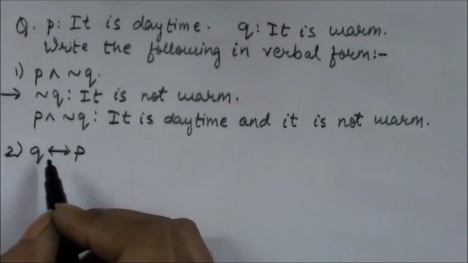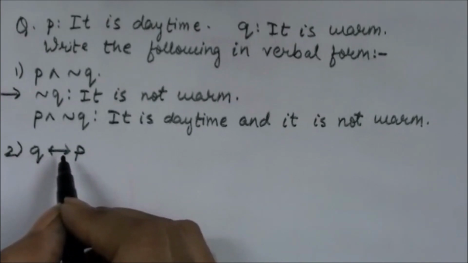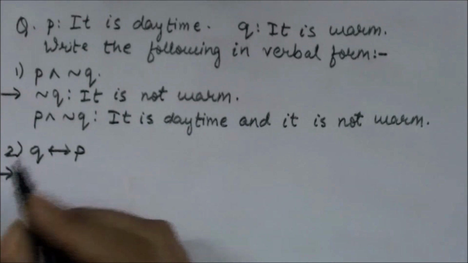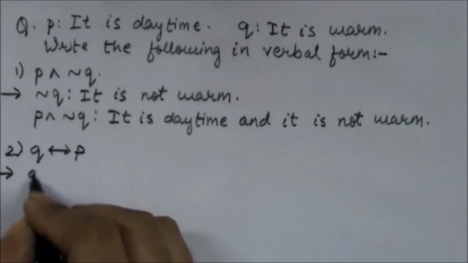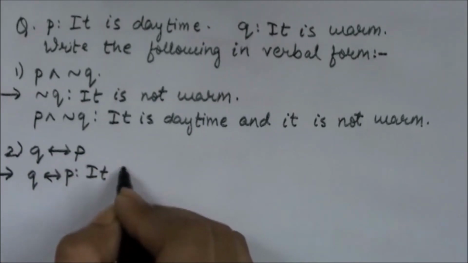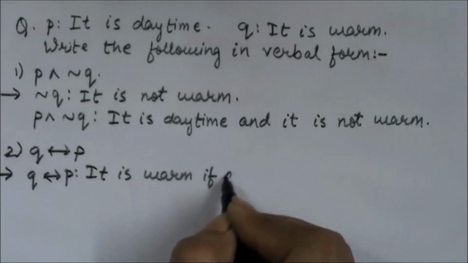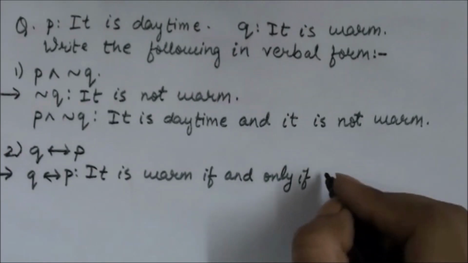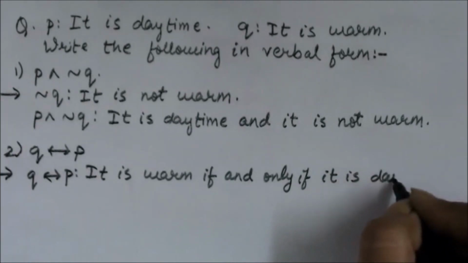Second question is Q double implication P. So since we have a double implication here, therefore we have to use the phrase if and only if in our statement. And also this statement Q will come first because it is the first statement here. So therefore Q implies P and P implies Q will be it is warm if and only if it is daytime.